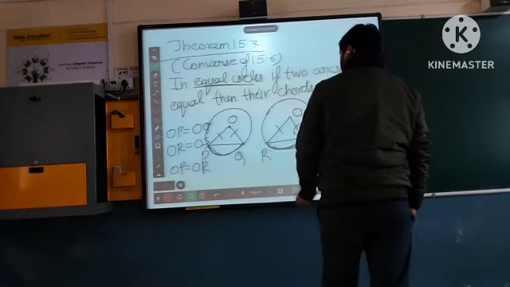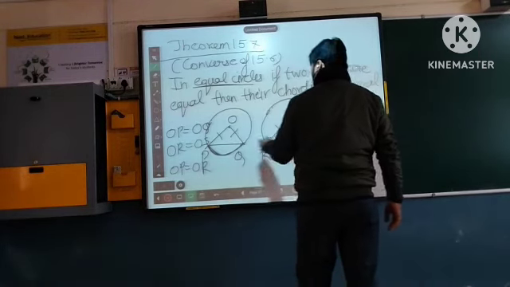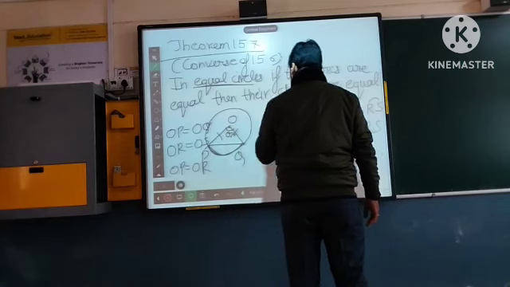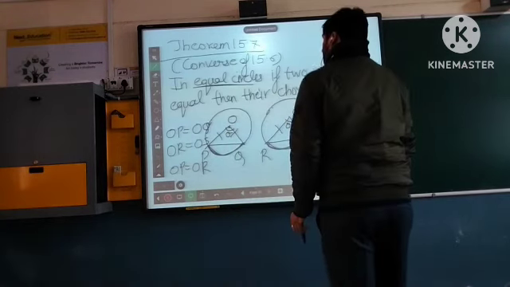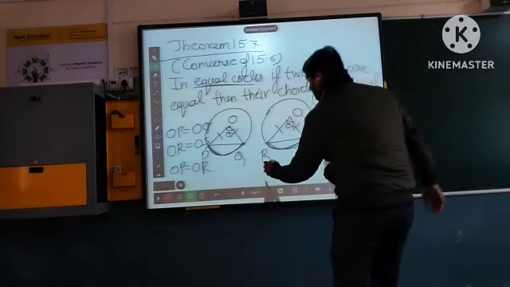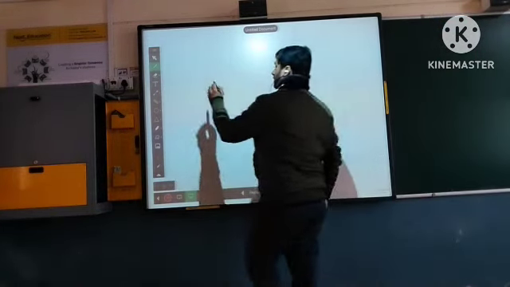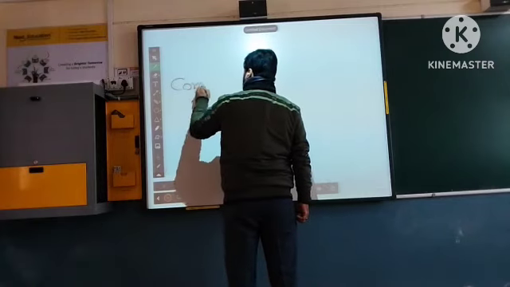If arcs are equal, we can say that the angles included will also be equal. So it is SAS criteria. By SAS criteria, we can say that the triangles are congruent, like that.